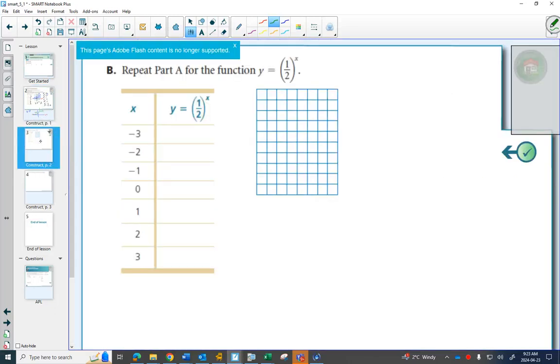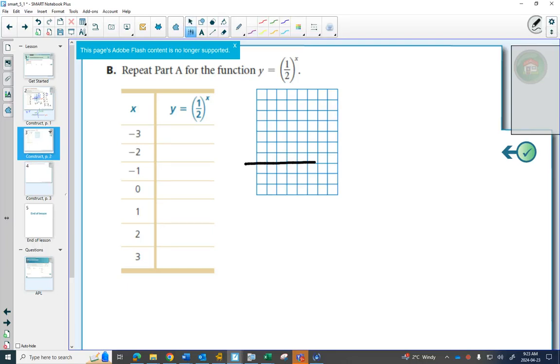What happens if the base is something like a half? Again, I'm not even going to do the table of values. We're going to use that same strategy. Does it make sense that you will have 0, 1, even though it's a fraction? Now what happens when I plug in 1 for x?